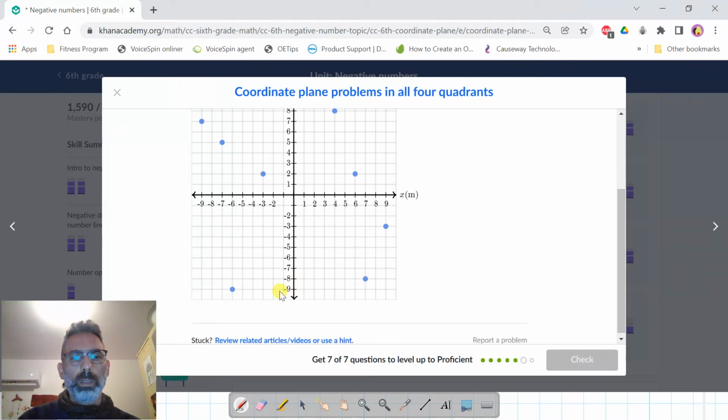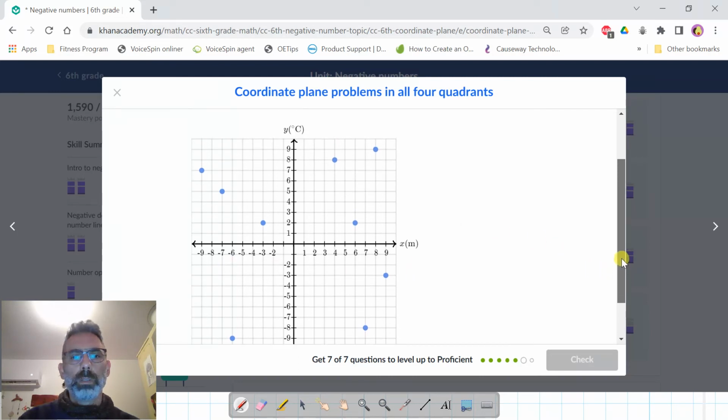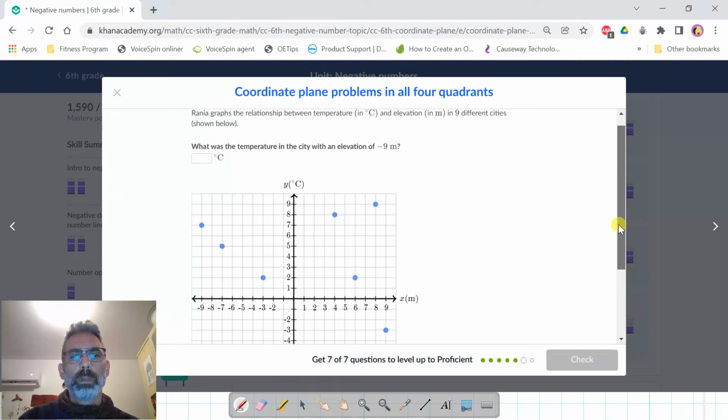Okay, so the only city with an elevation of -9 meters is this one. So the temperature... no, sorry. There's elevation, but they put the measurement of meters on the x-axis. Okay, so negative elevation is here on the x-axis.